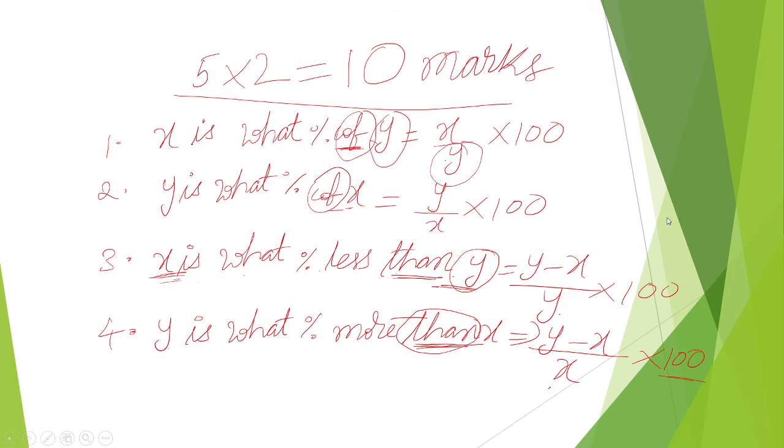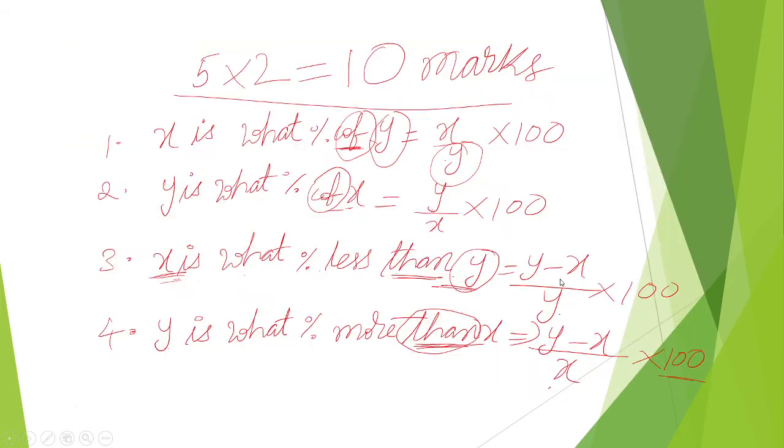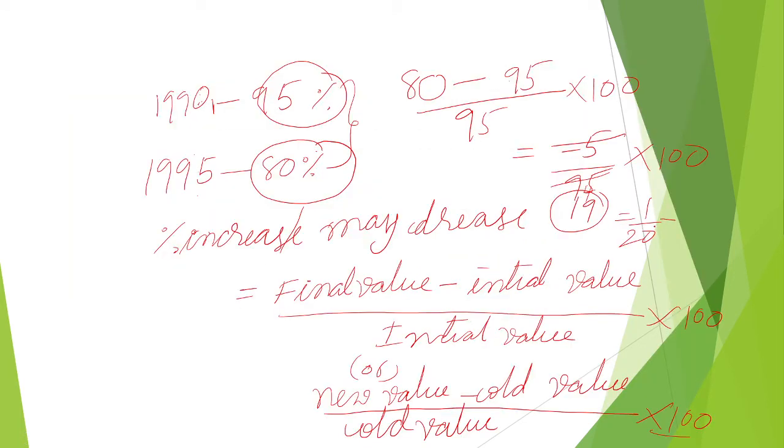What is the percentage value of 1 by 20? 5 percent. So it is approximately minus 5 percent, meaning a 5 percent decrease compared to 1990. In 1995 the production or whatever it is has decreased by 5 percent.